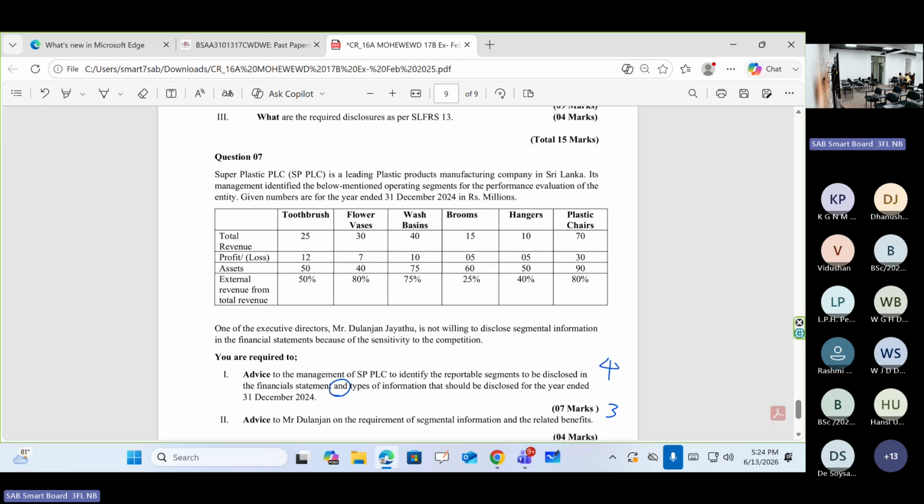Because of three criteria: have they reached 75% of total revenue and external revenue?